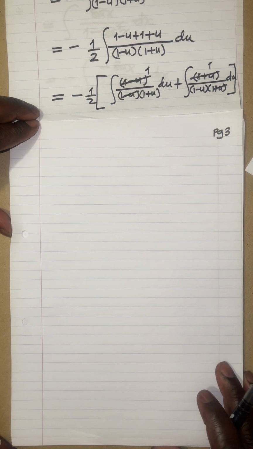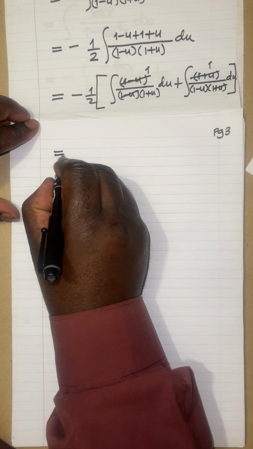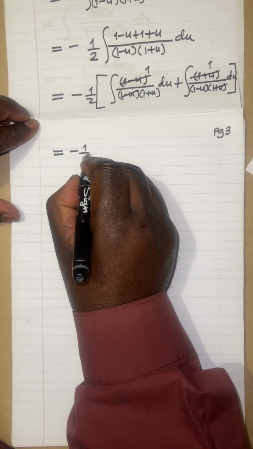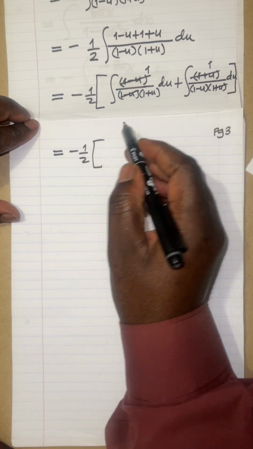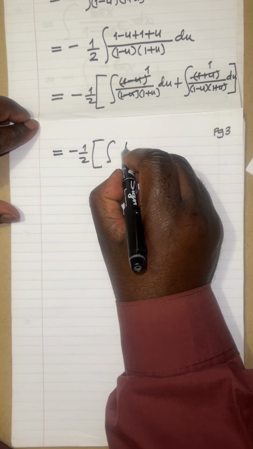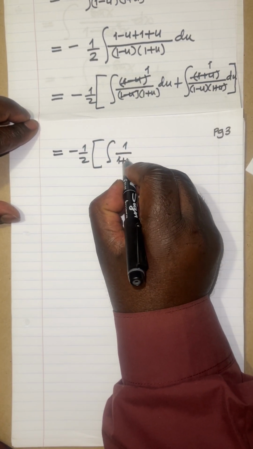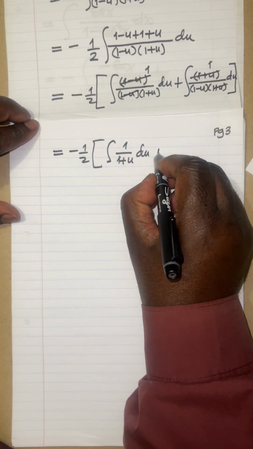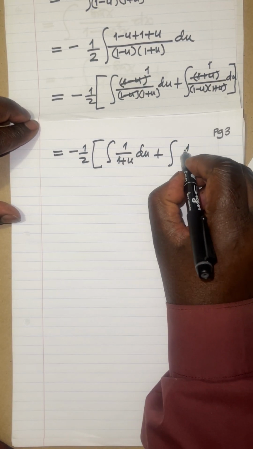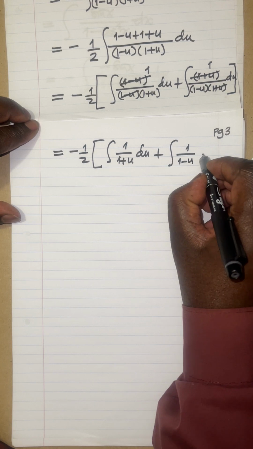So what I have now is the following. That integral is going to be equal to, I have minus half outside, and then I have this part here. Let's clean up. 1 over 1 plus u du plus 1 over 1 minus u du.